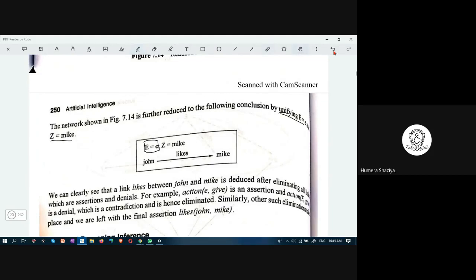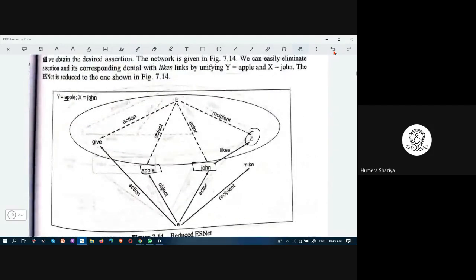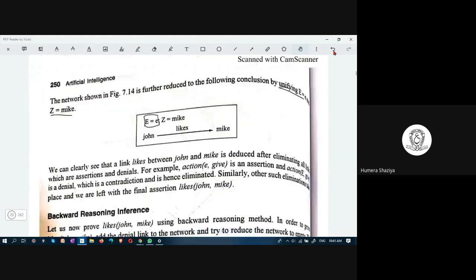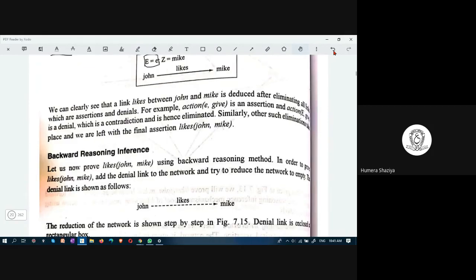When you merge that, what do you obtain? You obtain only this part, which is John likes Mike. Through the forward reasoning inference mechanism, or forward inferencing, it is inferred that John likes Mike. There is a link likes between John and Mike, which is deduced after eliminating all the links.